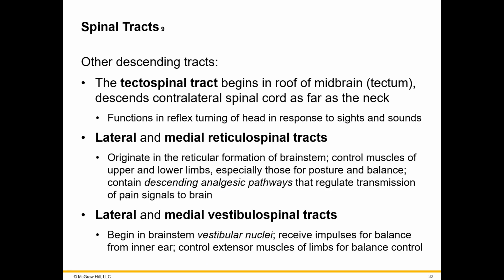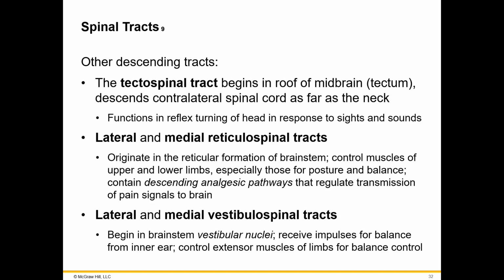It descends contralaterally through the spinal cord as far as the neck, and it functions in the reflex turning of the head in response to sights and sounds. So a nice question on the exam would be, which tract is responsible for flexing or extending or the reflexive movement of the head? That's the tectospinal.